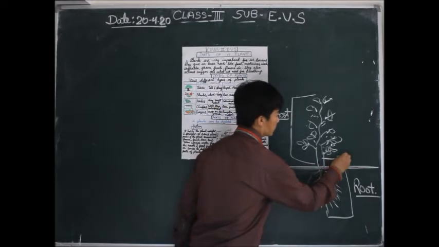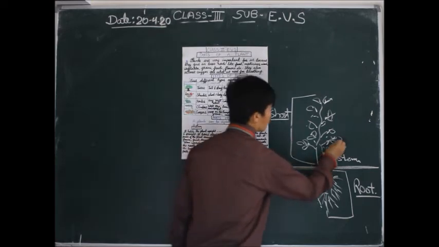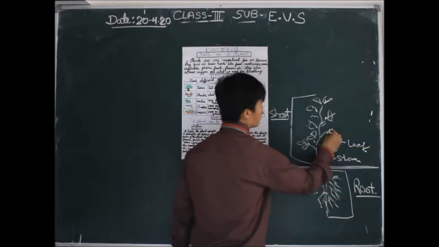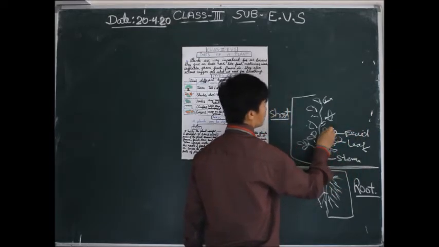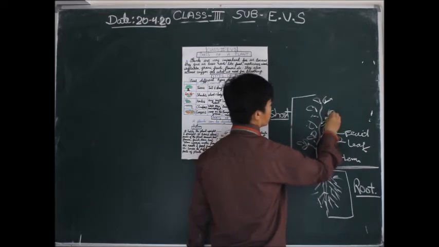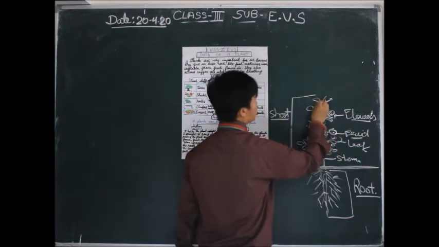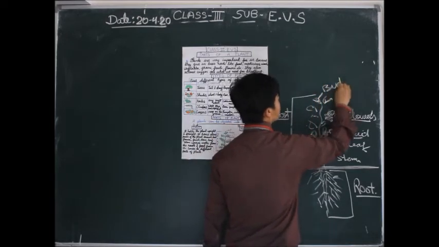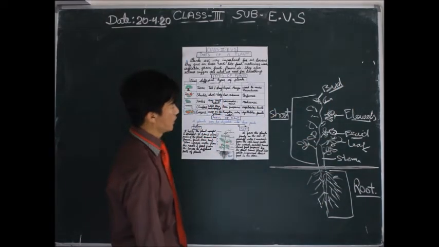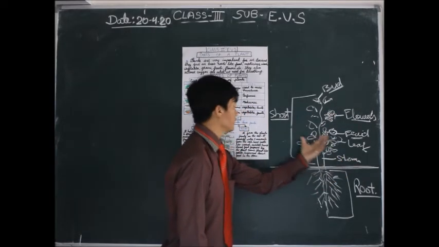Suppose stem, leaf, fruits, flowers, buds. These are the parts of the plant which are above the ground in the shoot.